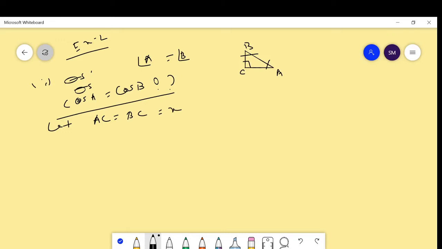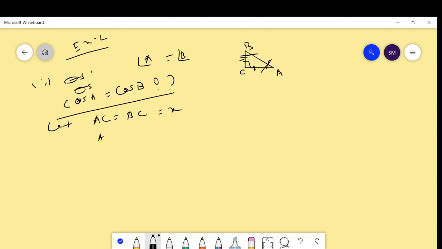Since angle A is equal to angle B, by the property of isosceles triangle, AC must be equal to BC. Then AC is equal to BC is equal to x.